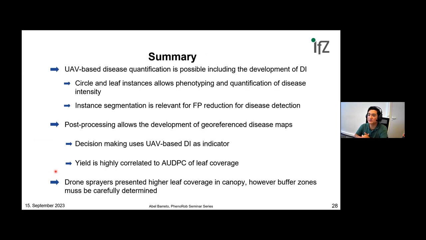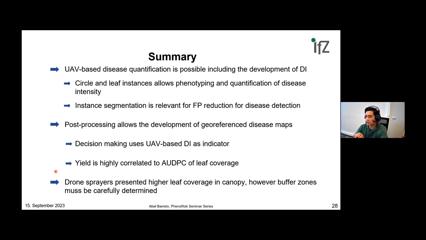Well, in summary, we performed disease quantification. We developed the determination of disease incidence by using UAVs. We understand a bit more how relevant the segmentation of the orthomosaics is for quantifying disease intensity.